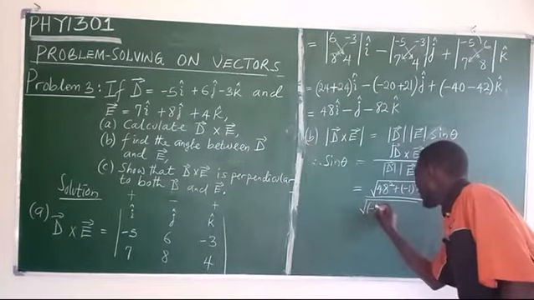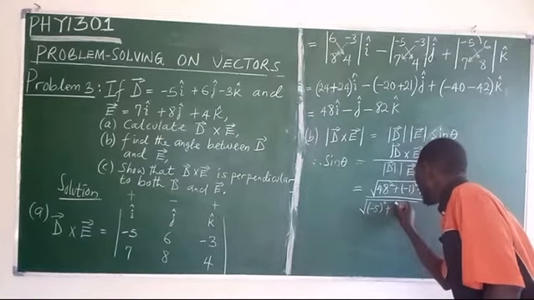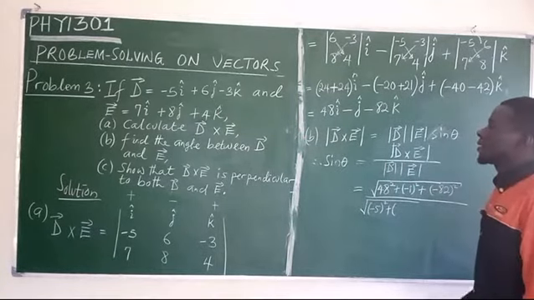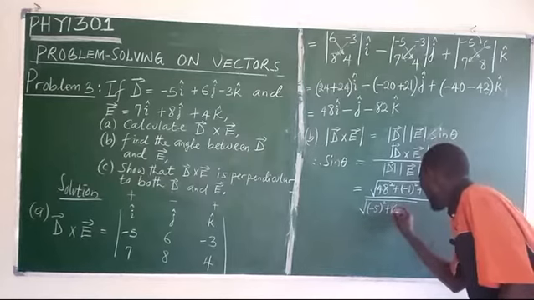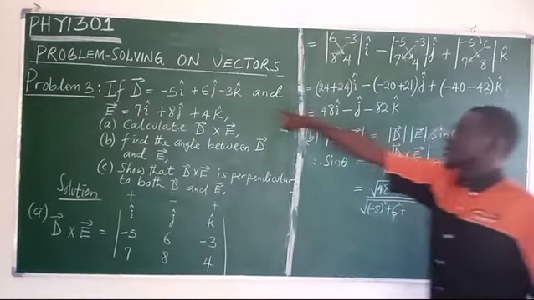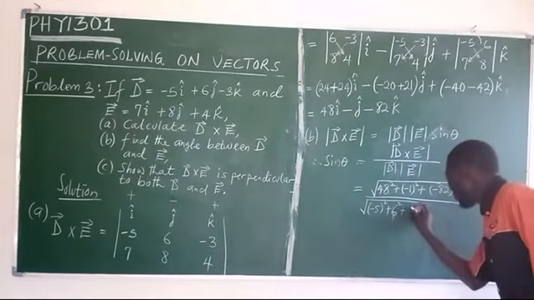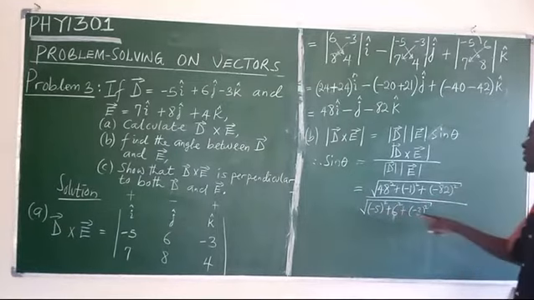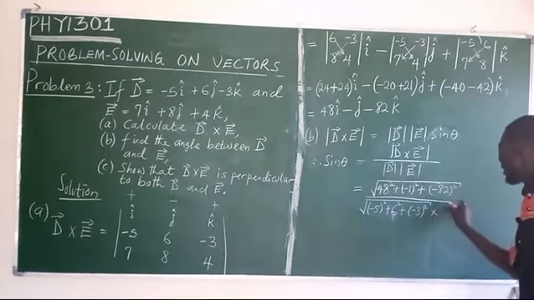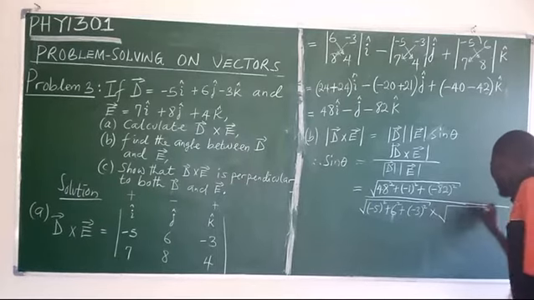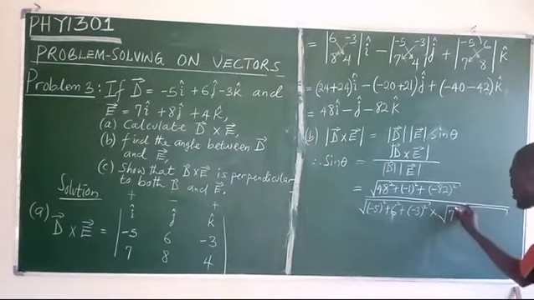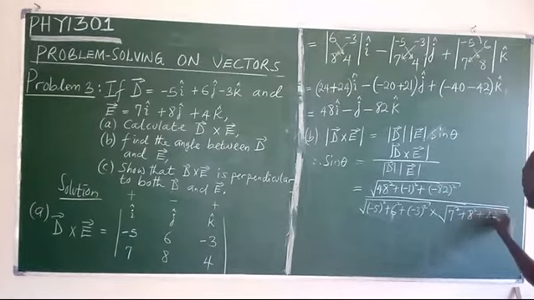So open bracket -5 close bracket square, plus I don't have to open a bracket since it is positive, I will just say 6 here square, plus this is -3, so I must open a bracket, -3 close bracket square. This is the magnitude of D. Then multiplied by the magnitude of E. I will do the same thing here. That's my E. So I will say 7 square plus 8 square plus 4 square.